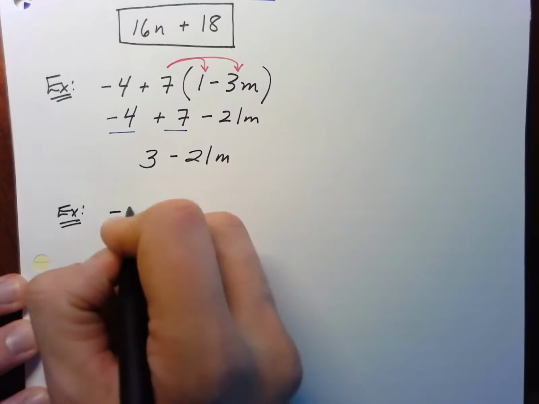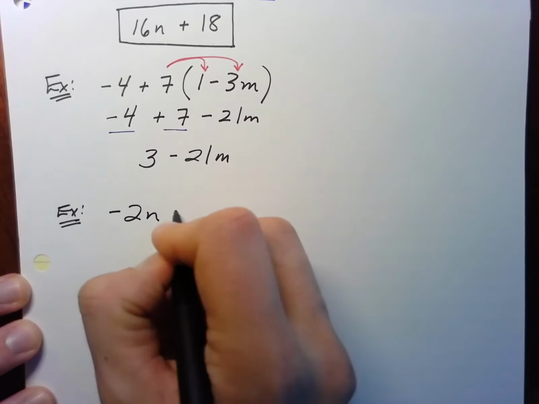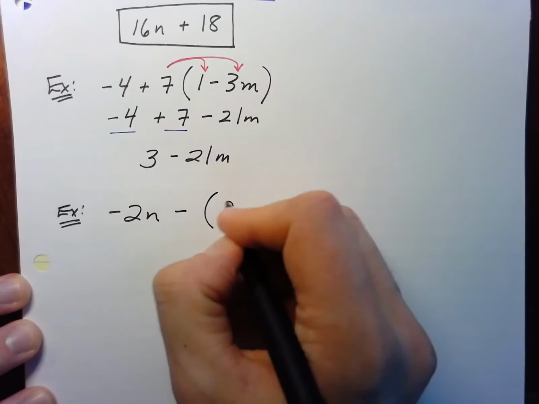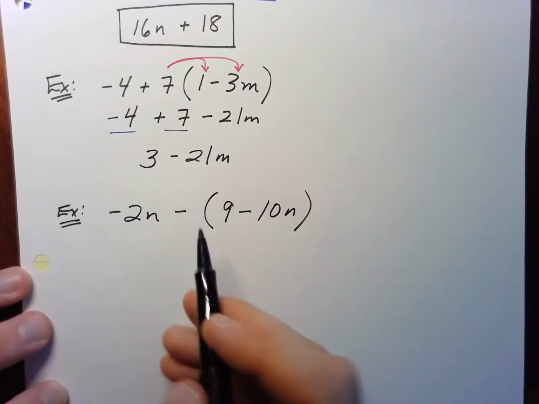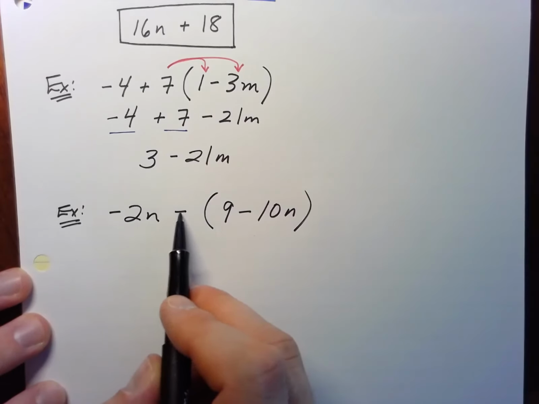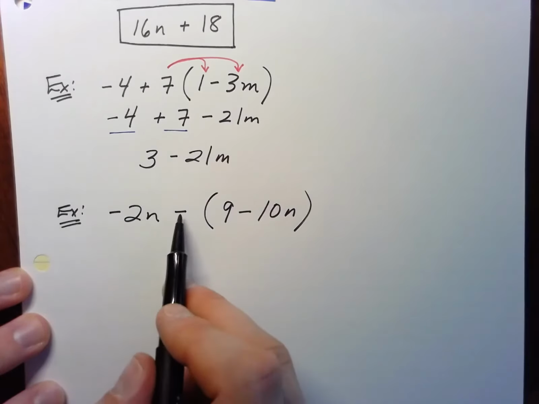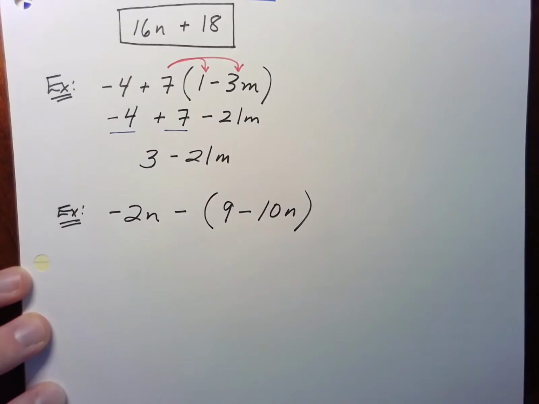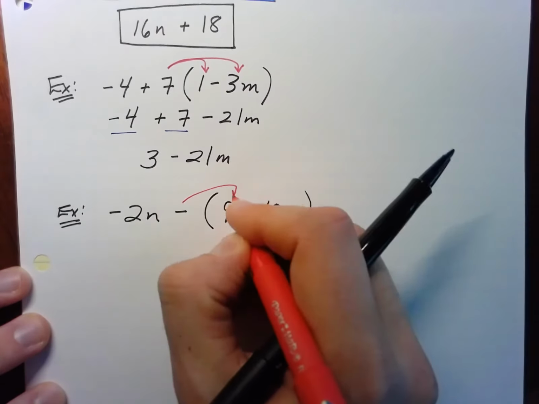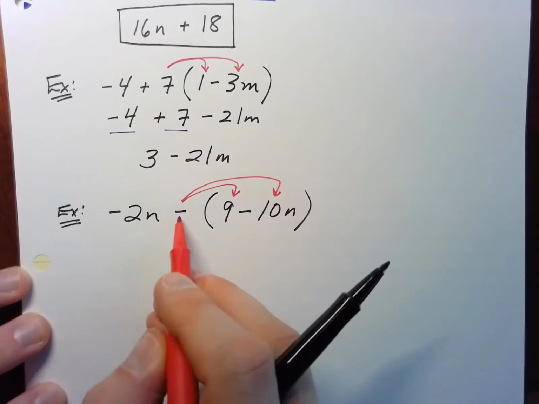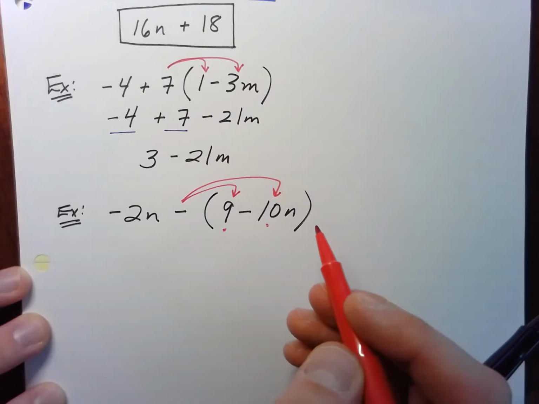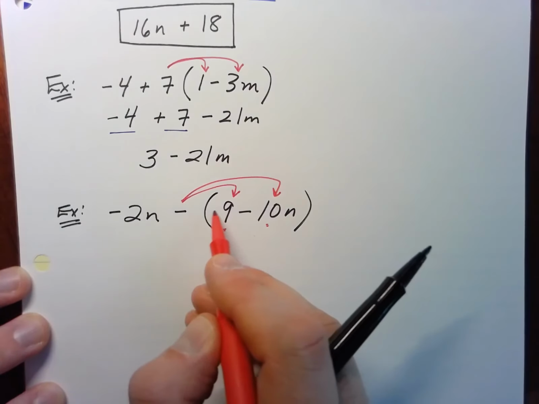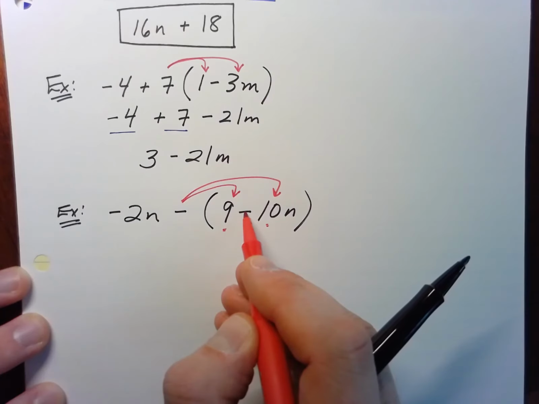What about negative 2n minus the quantity 9 minus 10n? Now, really, this looks like I'm subtracting a big group, which is what I am. But it also can be thought of as distributing a negative sign, because if I'm subtracting both of these things here, if I'm subtracting the 9 and subtracting the negative 10n, I'm really just subtracting that, and I'm subtracting this negative, which is going to make this become a positive.